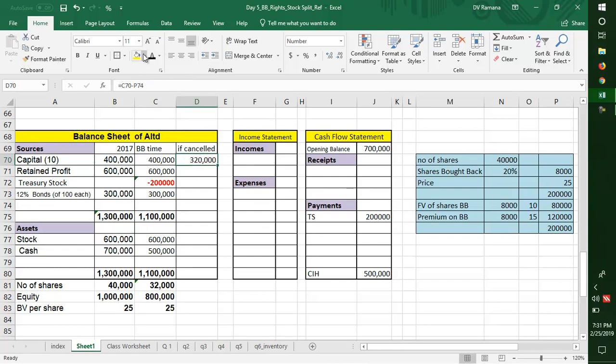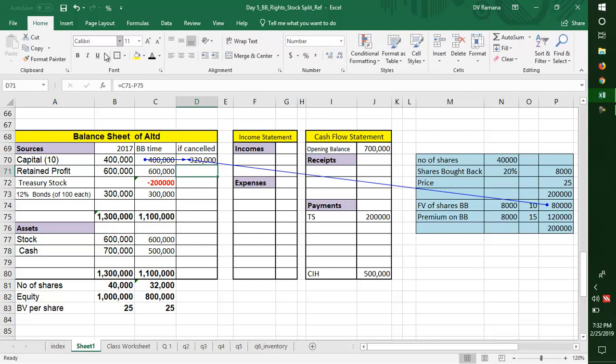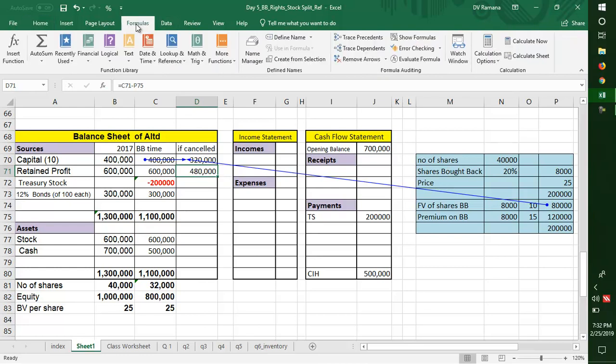So the capital will reduce by 80,000 to 320,000. But the excess money paid is 120. Originally the shares were not issued at a share premium. We can see that there is no share premium. So since there is no share premium, the excess money paid can be adjusted against the retained profit or reserves.